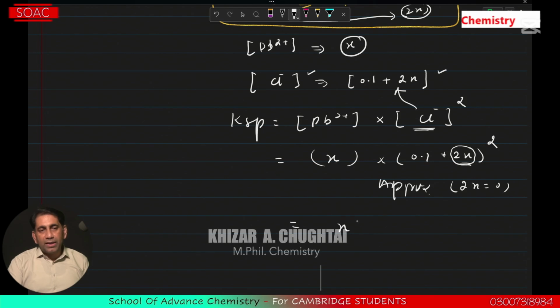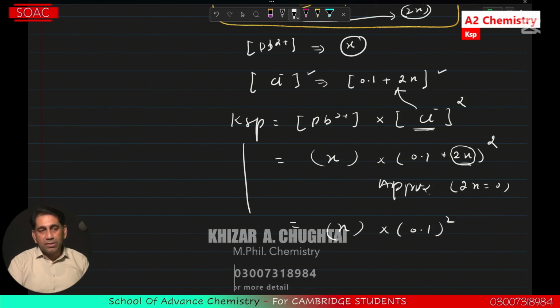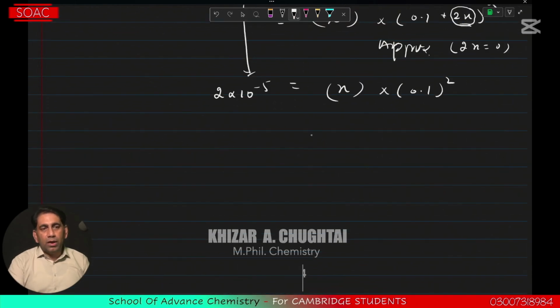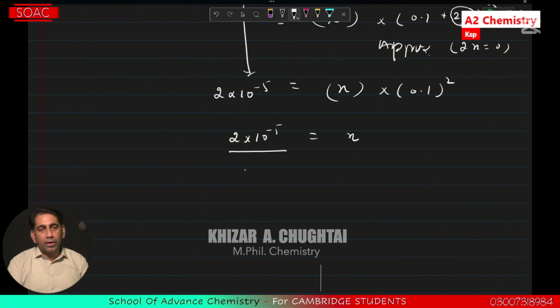So finally, X multiplied by 0.1 raised to power 2 equals the Ksp, that is 2 into 10 raised to power minus 5. Now X will be equal to 2 into 10 raised to power minus 5 divided by 0.1 square. And what will be the answer of X?